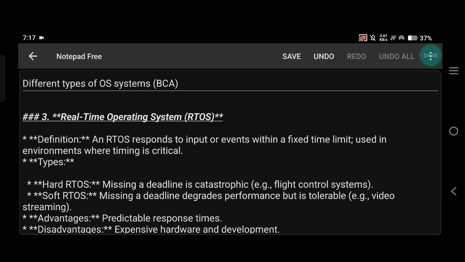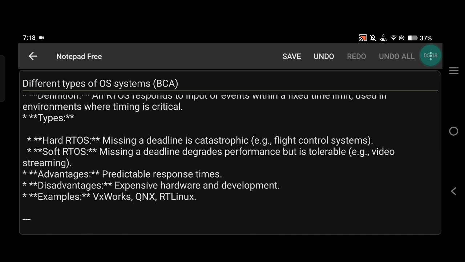Types: hard RTOS, where missing a deadline is catastrophic, for example a flight control system. Soft RTOS, where missing a deadline degrades performance but is tolerable, for example video streaming. Advantages: predictable response times. Disadvantages: expensive hardware and development. Examples: VxWorks, QNX, RT Linux.